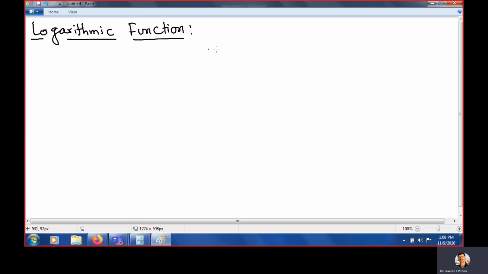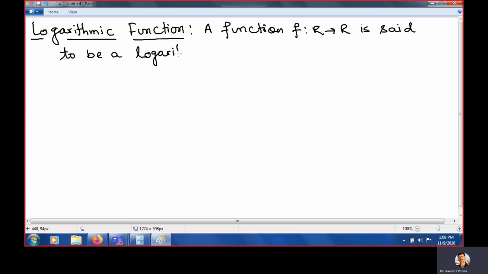So, what is a logarithmic function? A function f such that R to R is said to be a logarithmic function if f(x) equals log x, and here it is written b.